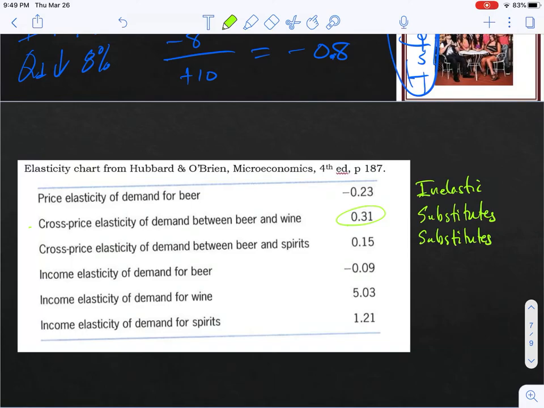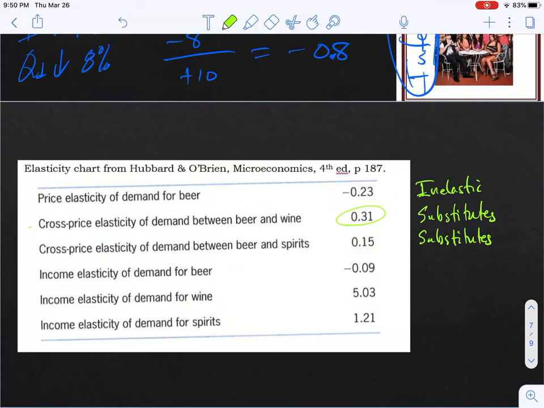So people treat beer and wine as substitutes about twice as much as beer and liquor, right? They're twice as good in terms of being substitutes. So that's what we can take from that. The fact that it's positive suggests that they're substitutes, but the difference in the magnitude suggests how much of a substitute.